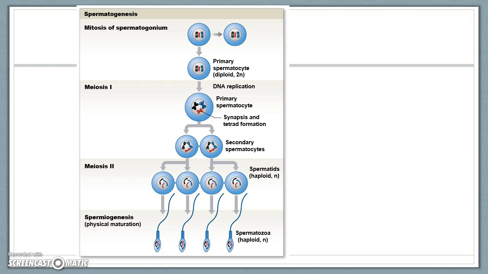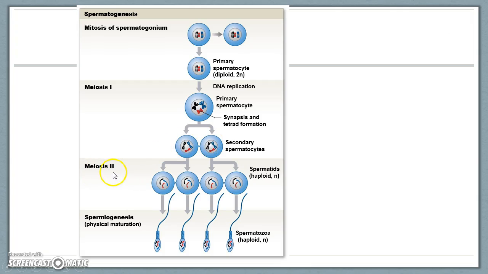Here we see a breakdown of each phase of spermatogenesis. The spermatogonium at the top undergoes mitosis and sends one of its primary spermatocytes into meiosis I. The primary spermatocyte goes through meiosis I and produces two secondary spermatocytes.